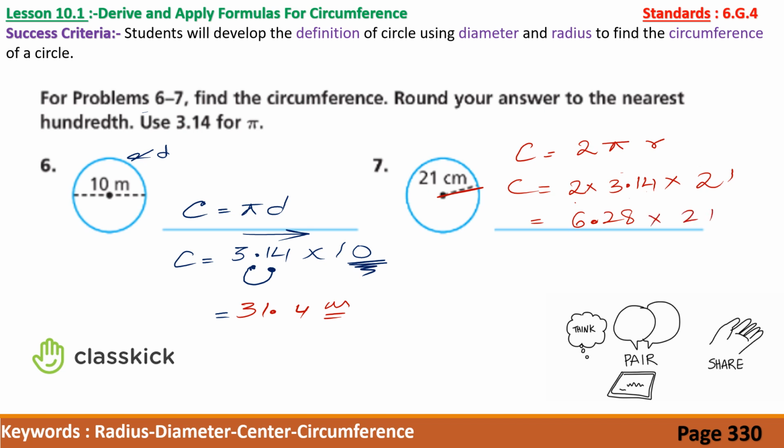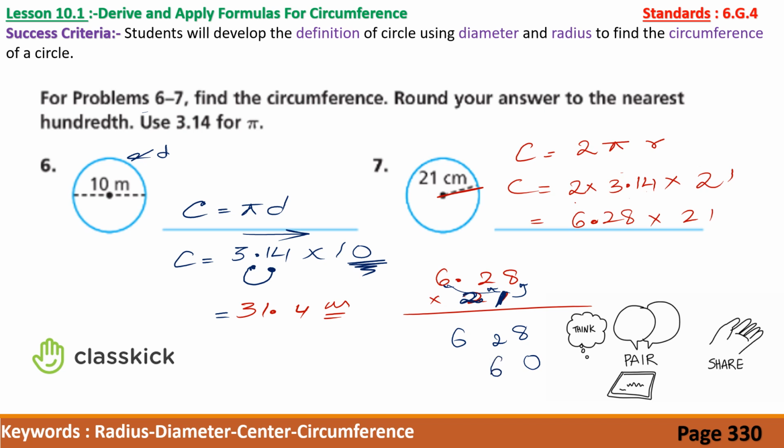Now let's multiply 6.28 with 21. First of all, we will multiply each and every digit with 1. So 1 times 8 is 8, 1 times 2 is 2 and 1 times 6 is 6. Put the 0 under the 8 and now multiply everything by this 2. 2 times 8, 16.